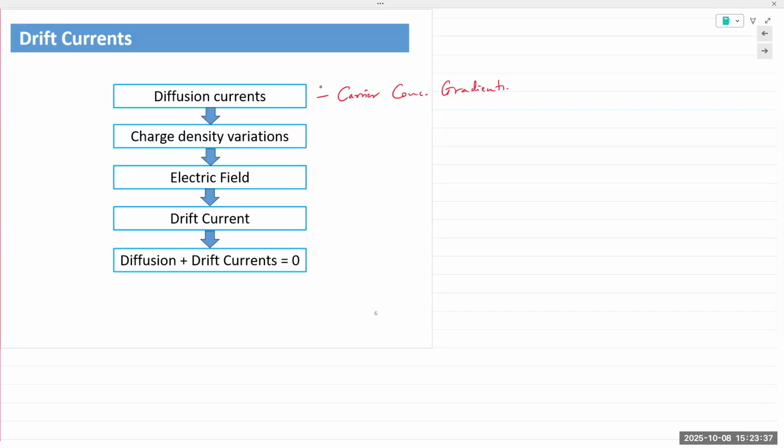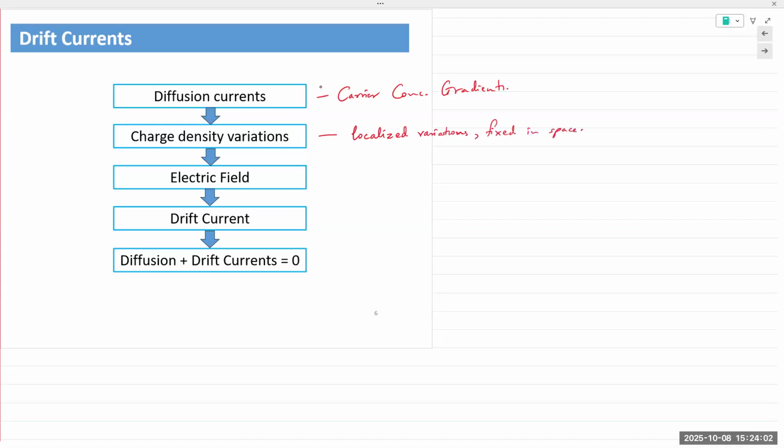Okay, because they are moving and diffusing through the junction, it is going to give rise to localized variations that are fixed in spot, or fixed in space.